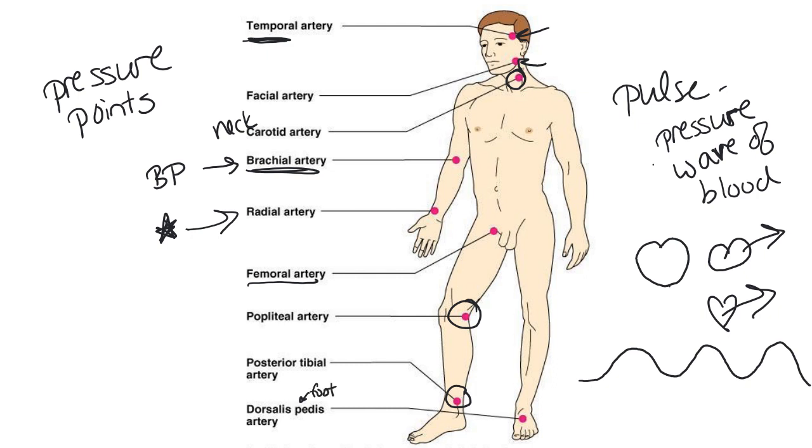There are a couple of reasons why we choose the radial artery as our most common one. First of all, comfort, for both the patient as well as the doctor. The radial artery is in an easy to reach location here at the wrist.